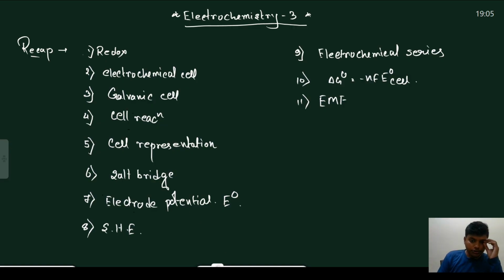So today we are going to start our third lesson on electrochemistry. Till now we have discussed redox reaction, electrochemical cell, galvanic cell, cell reactions, and cell representation.